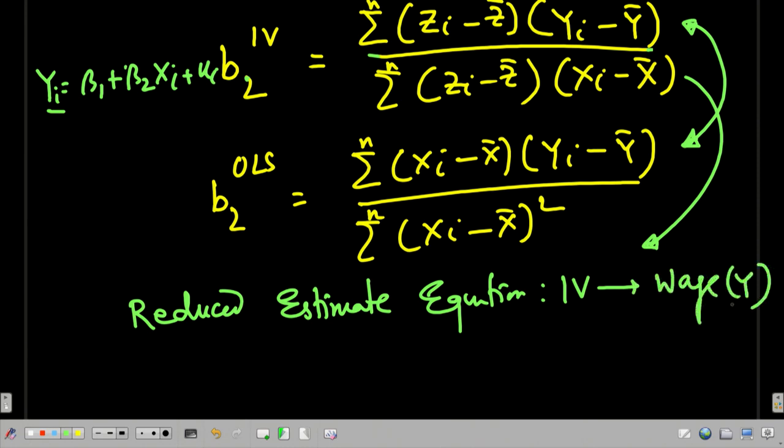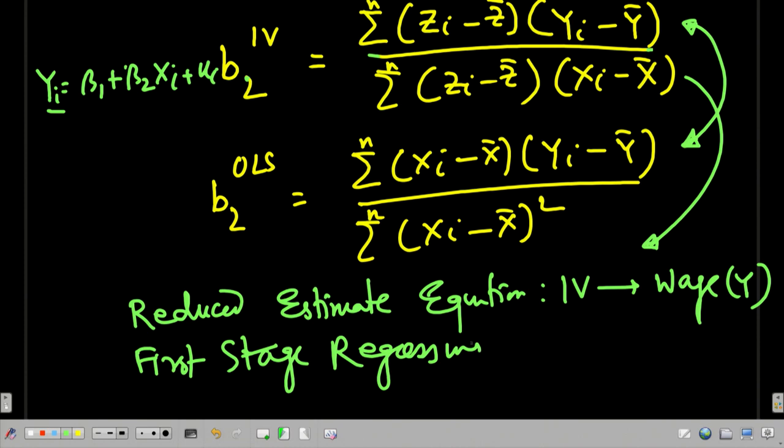Whereas in the first stage regression, we see the impact of the IV on years of schooling, or x.